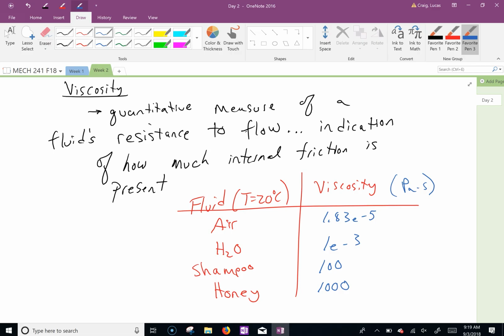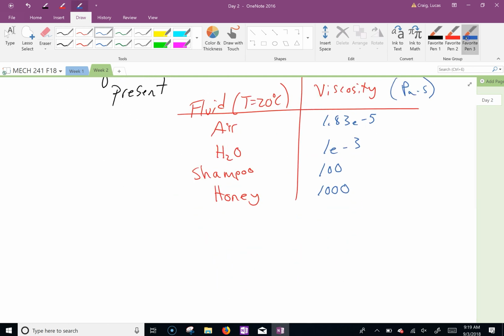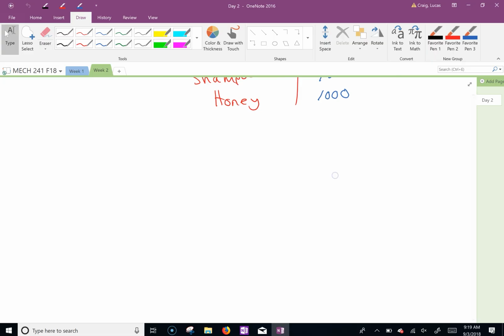So how do we figure out what the actual friction force is? Well, let's take this, for example. Let's look at two parallel plates.